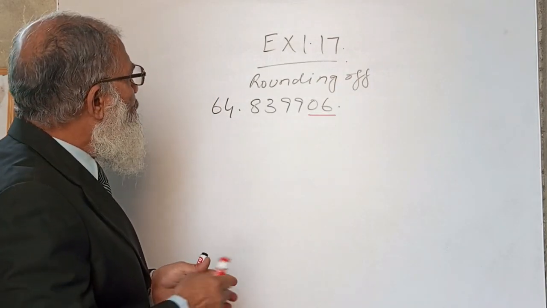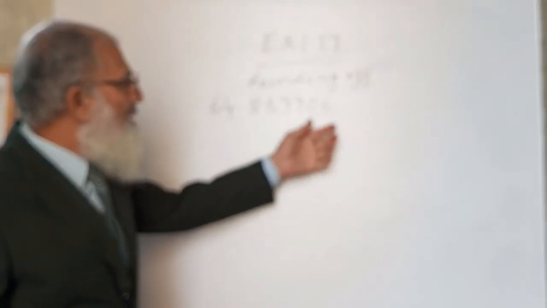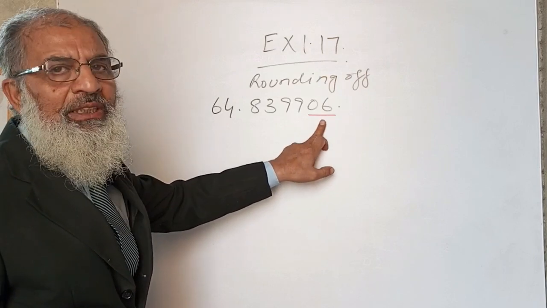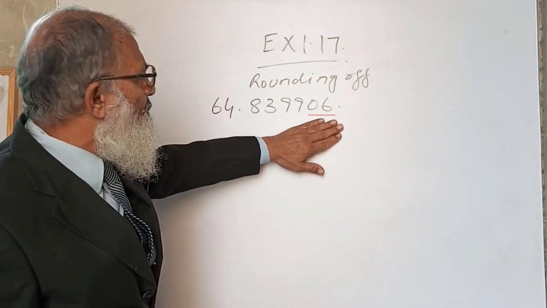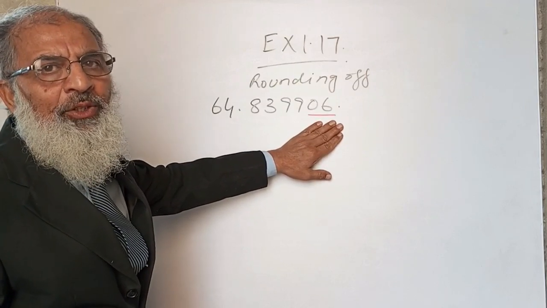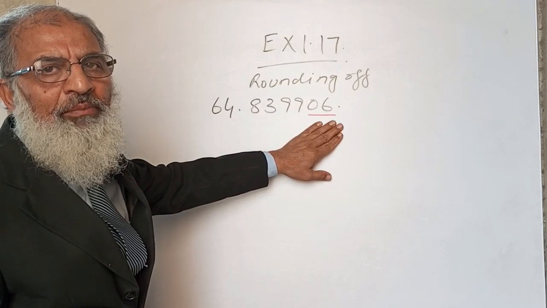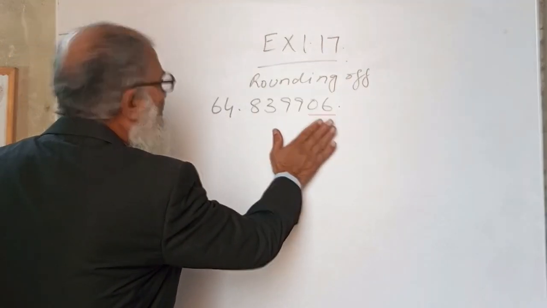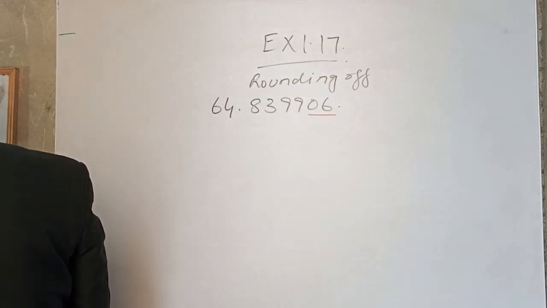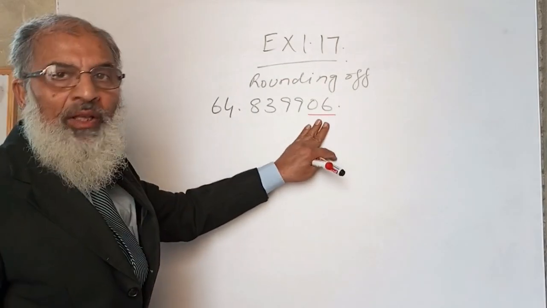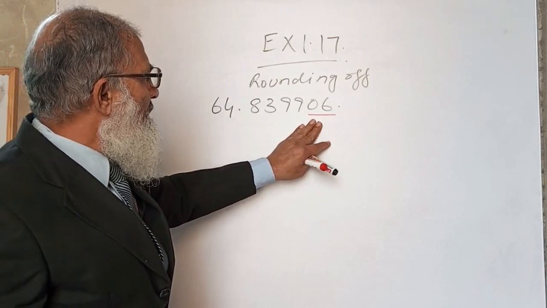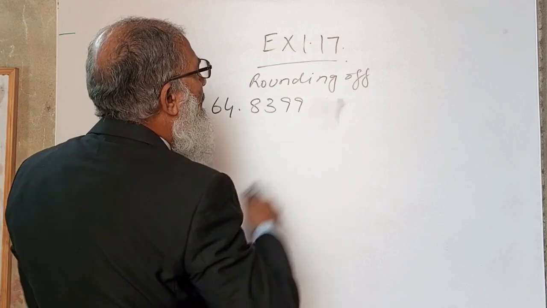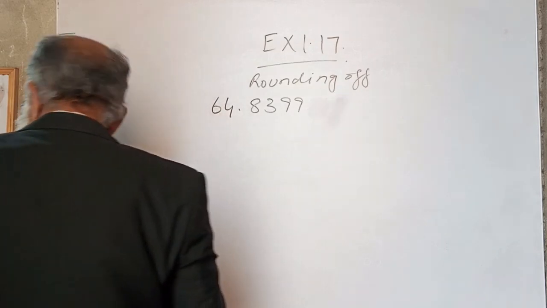Now you see that the farther we go from the decimal point, the smaller the value. These two digits are so small that if I ignore them, nothing will happen to the calculation. Since we have ignored these two numbers, let me rub them out.